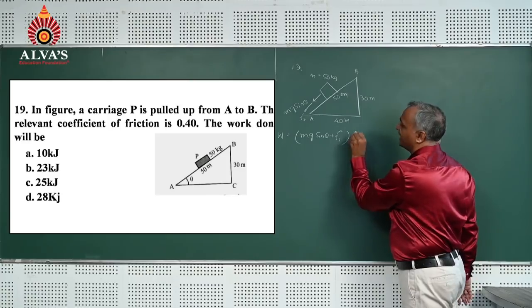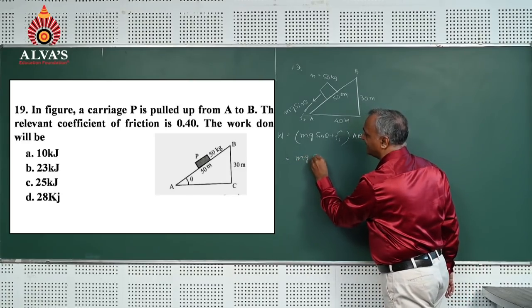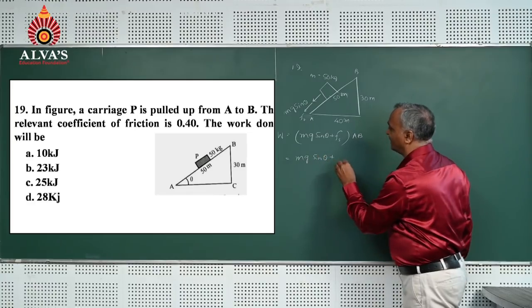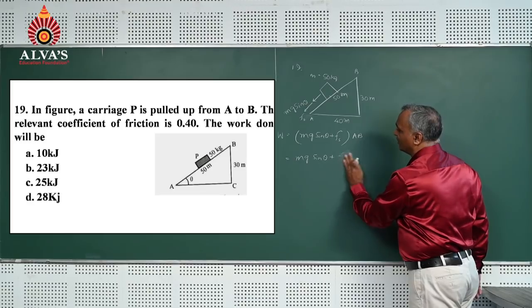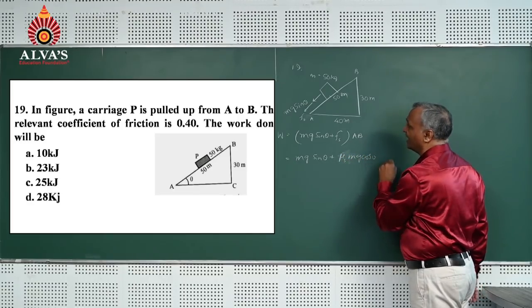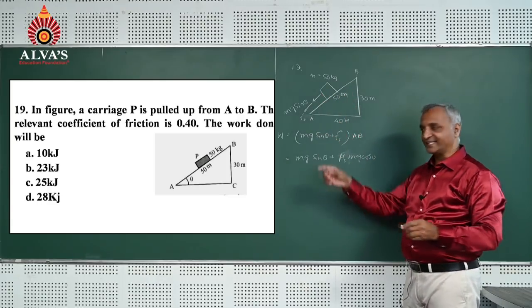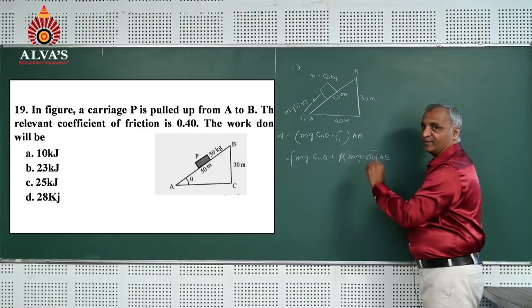And so I can write this as mg sin theta plus frictional force, which we know is mu into mg cos theta. And of course both of them are acting in the same direction, so you have to add them, into distance AB.